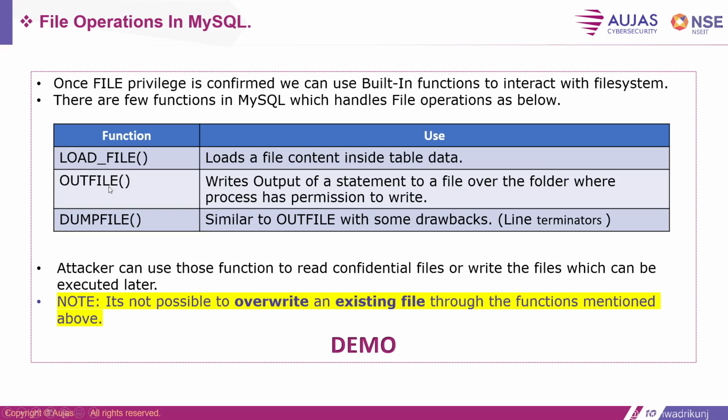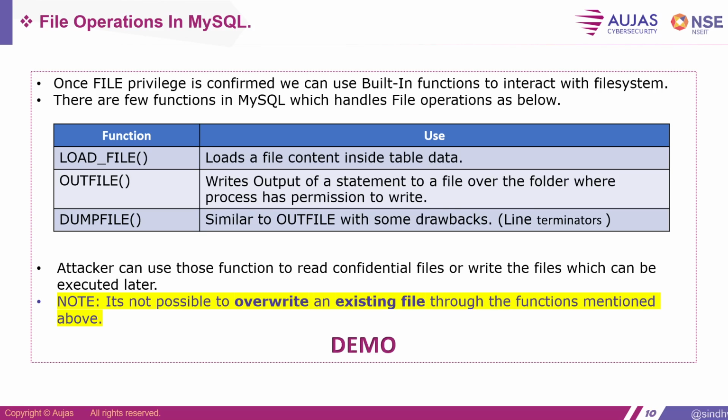Out file is a function that writes whatever data you want in a specific directory. Dump file is similar to out file, but there is a drawback that you cannot add line terminators. So if you have some binary data, an exe or a php file with multiple lines, probably dump file is not something which you should go for.